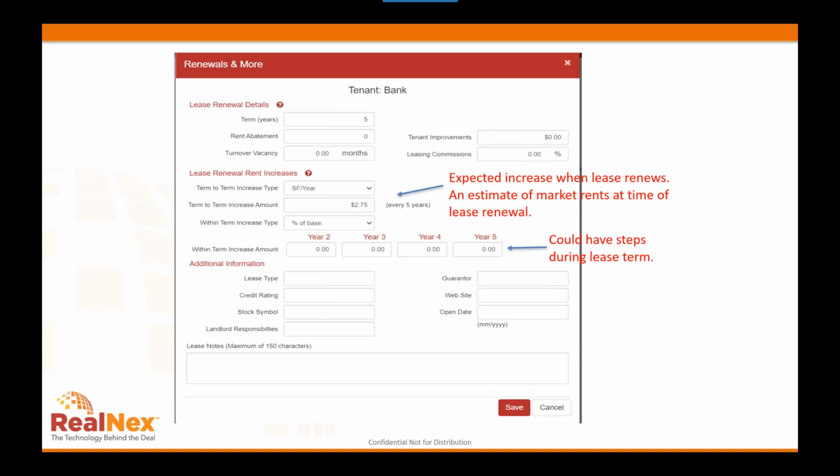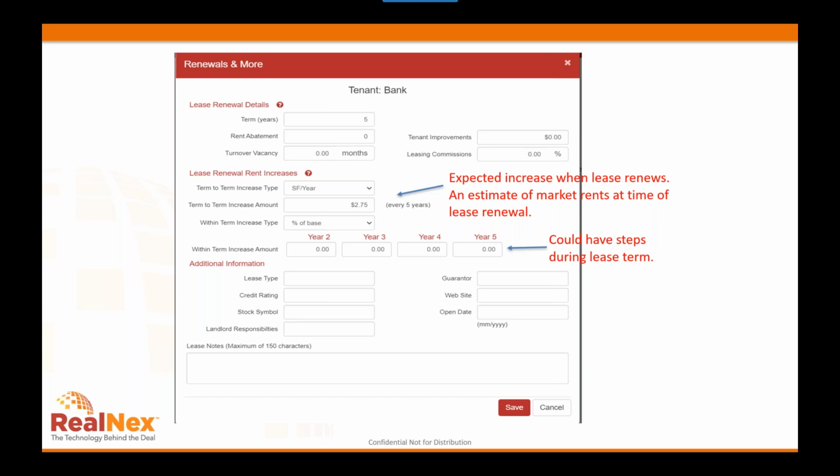You also have your assumptions about what's going to happen when the lease comes up for renewal. And so here what we're assuming is that bank lease goes for 5 years, and once that lease renews, the new market rent is going to be $2.75 higher than what the rent was on the old lease.